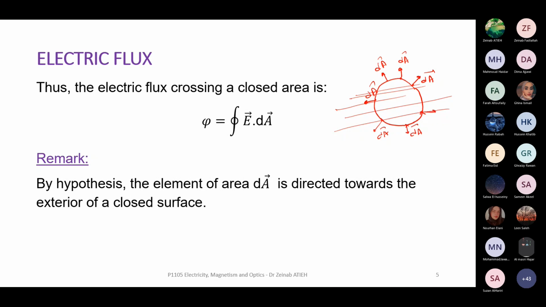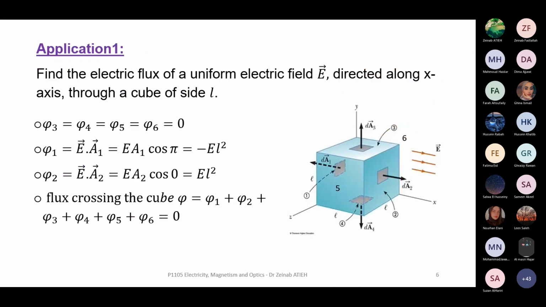By hypothesis, because if I want to draw a perpendicular to a surface, I can draw dA either inside or outside, here it is always taken outside the closed surface. There are two options to draw the perpendicular vector along a surface, either inward or outward, and here it is taken to be outward.